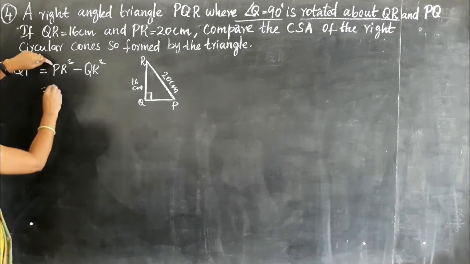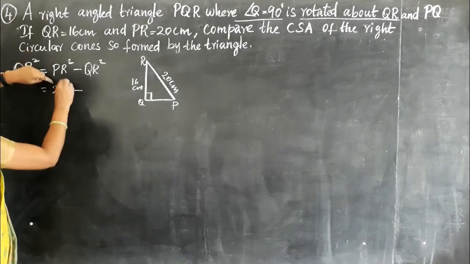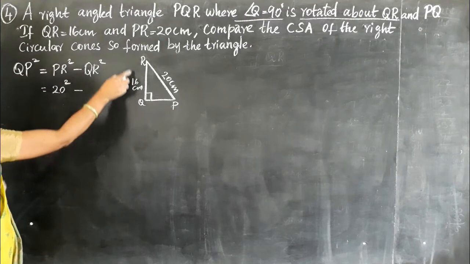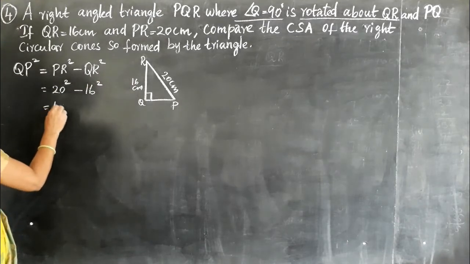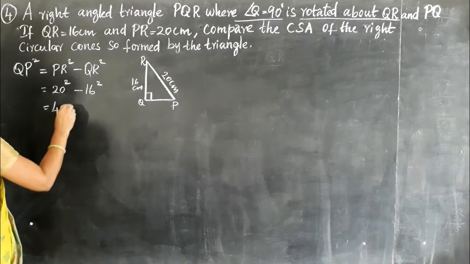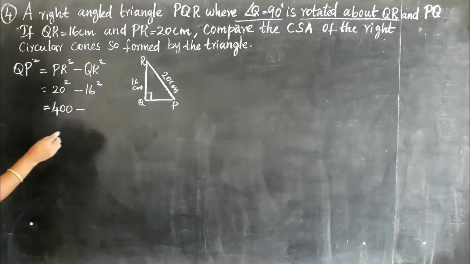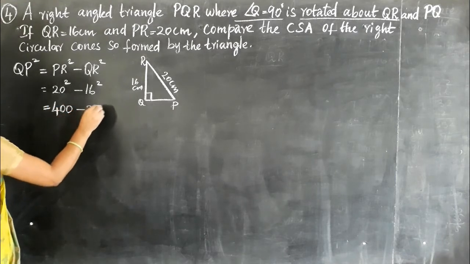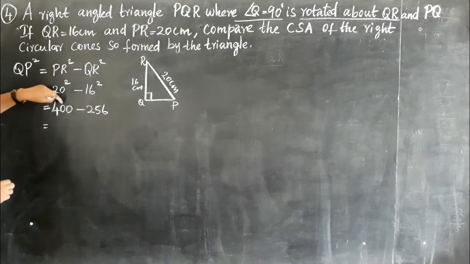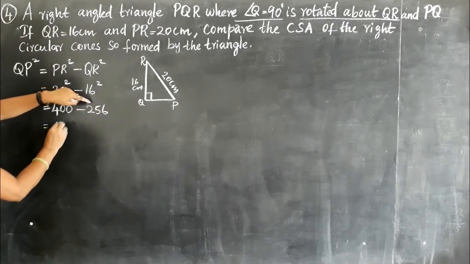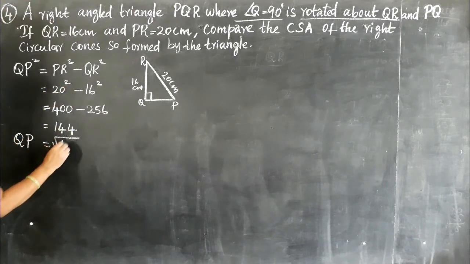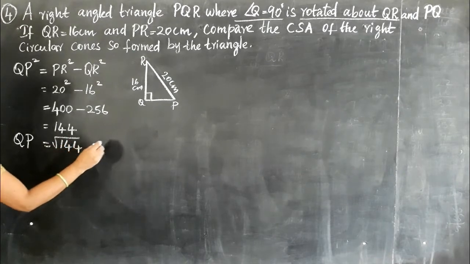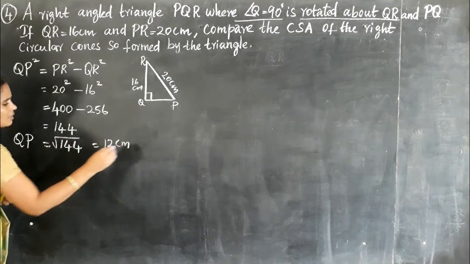So 20 square, 20 into 20 is 400, minus 16 square, 16 into 16 is 256. So 400 minus 256 is 144. So QP is equal to root 144, therefore it is 12 centimeter.